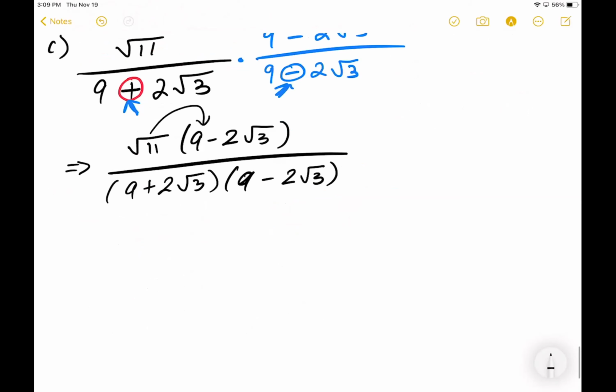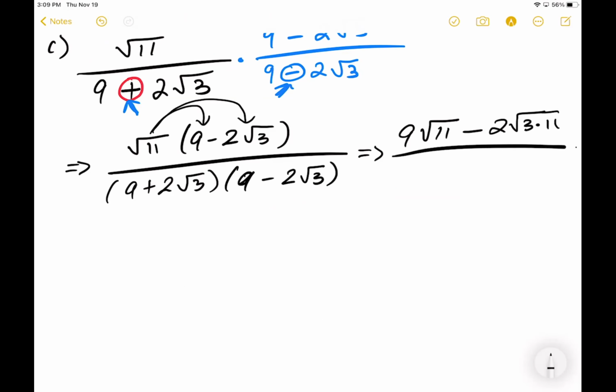Do you agree that square root of 11 times 9 is 9 on the outside, square root of 11 on the inside, minus 2 square root of 3 times 11? All we do is the outside times the outside, the inside times the inside, and this is what we have.